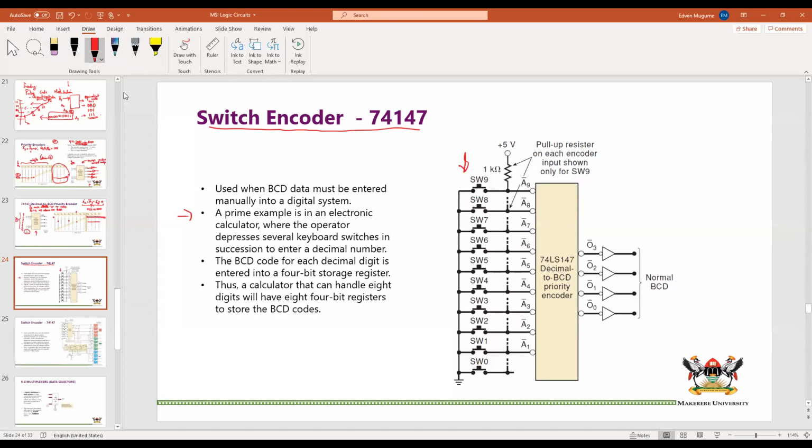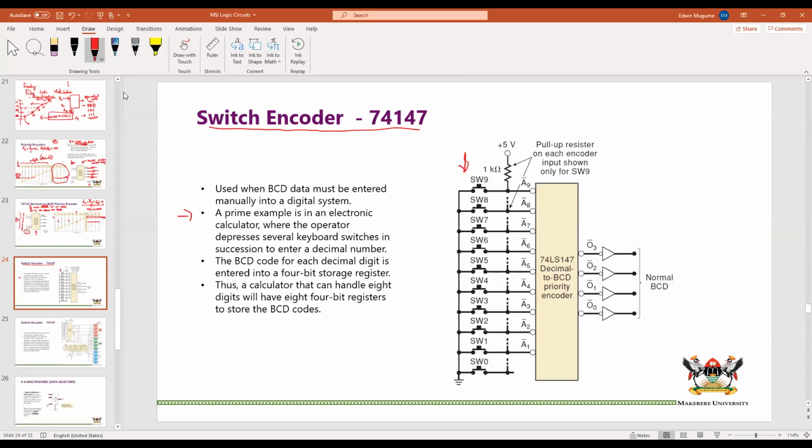But this is called a switch encoder. In other words, it's like these switches could be below your buttons when you are pressing on your calculator. And so every time you press a number, what happens? In their normal resting positions, before you press the switch, you can see that you have a high going into that input. And this is the same.